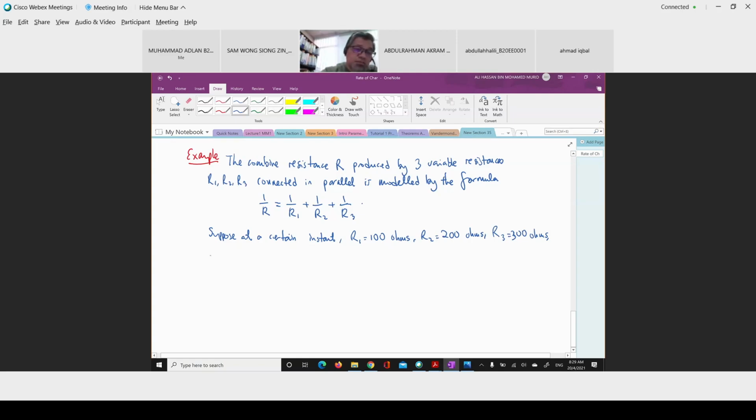and R1 and R3, they are decreasing at the rate of 1.5 ohms per second, while R2 is increasing at the rate of 2 ohms per second.